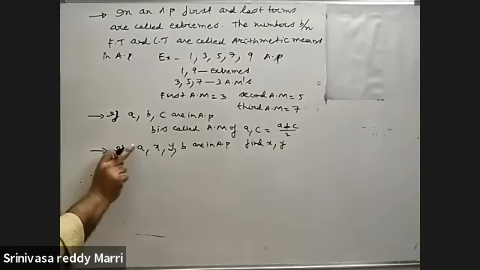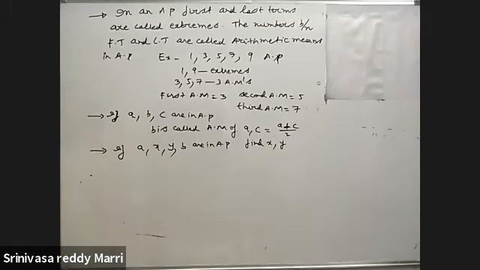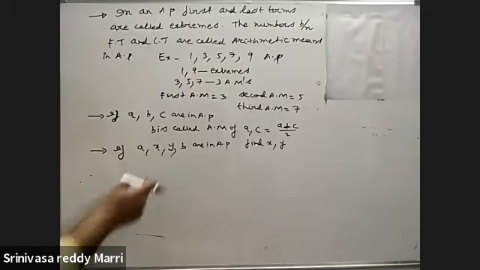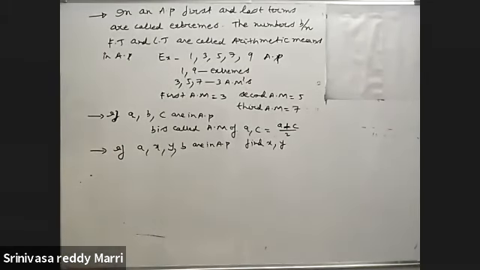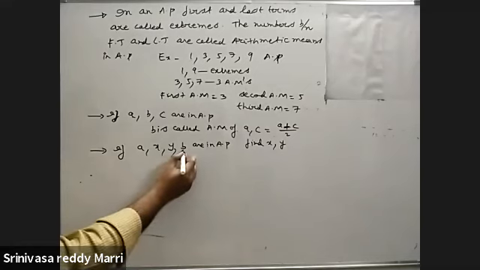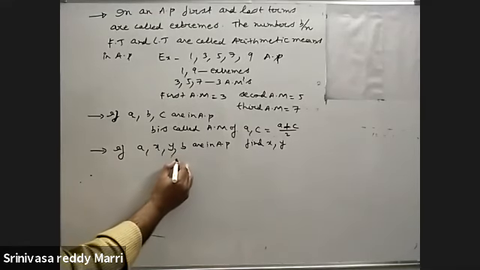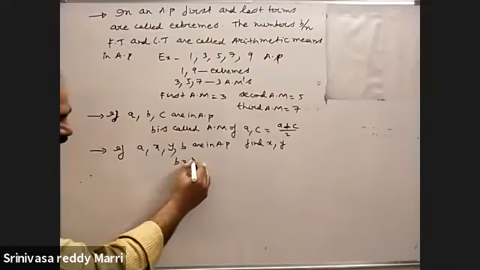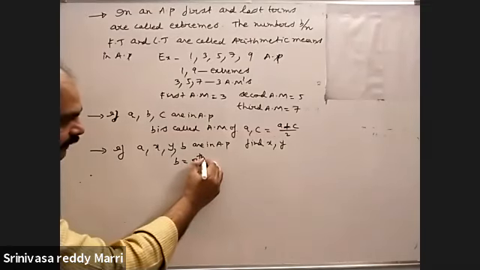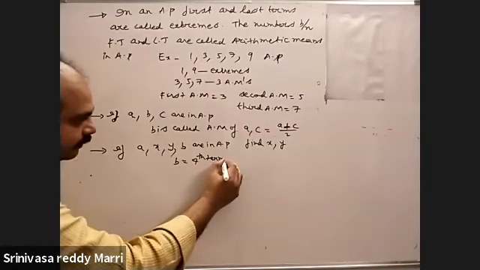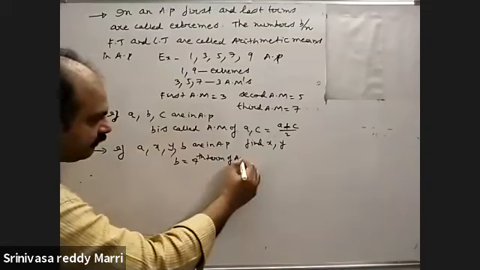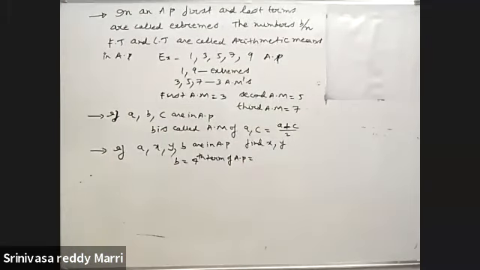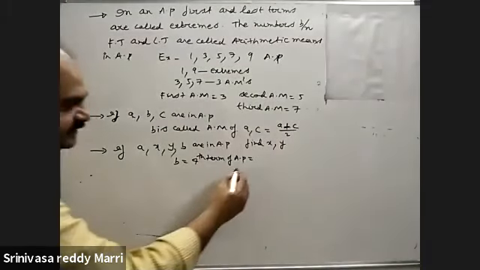So these numbers are in AP only. If you know the common difference, you can find X and Y in terms of A and B. Now look, the last term is B. B is nothing but how many terms of AP? The fourth term of AP. Let us take the common difference as D.